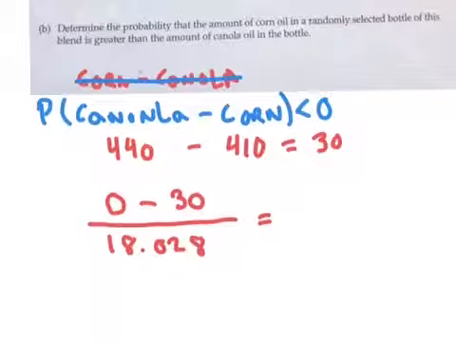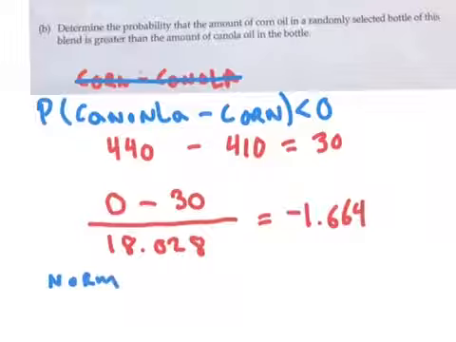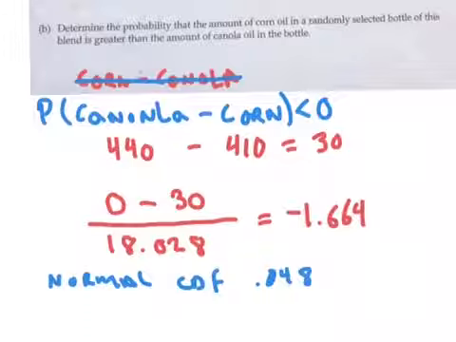The answer is negative 1.664. That's our z-score. So we take this number and put it into normal CDF, and we get a value of 0.048.